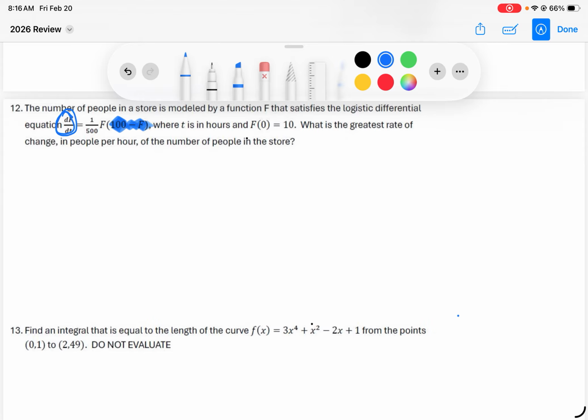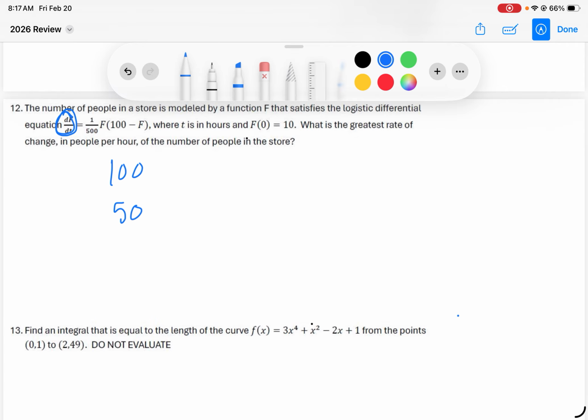So that's this number, right? Of the people, what is the greatest rate of change? Rate of change, that's the derivative. People per hour, the number of people in the store. The carrying capacity is 100. So half of that is 50.